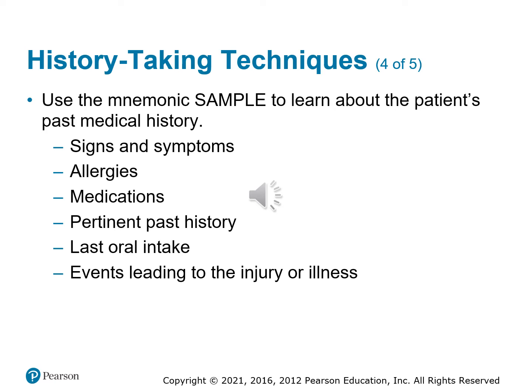The SAMPLE history deals with past medical history, and SAMPLE stands for signs and symptoms, allergies, medications the patient takes, pertinent past history like open heart surgery, high blood pressure, diabetes, last oral intake, when was the last time they had something to eat and or drink. And then we like to identify the events leading up to the injury or illness. What happened just prior to this all beginning?